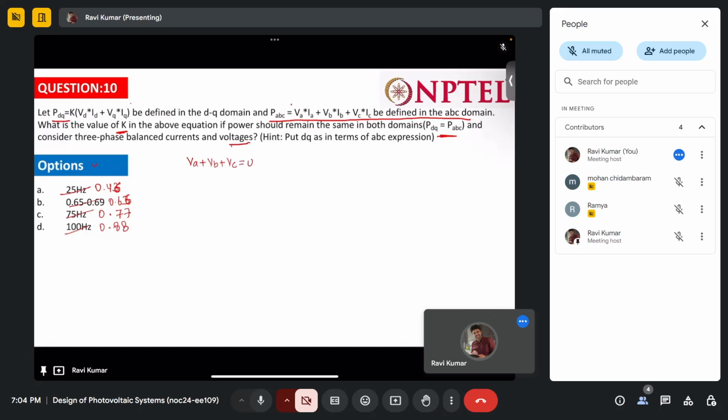Similarly, we have IA plus IB plus IC equals 0. Then one thing they have given is that power in DQ form will be equal to power in ABC.